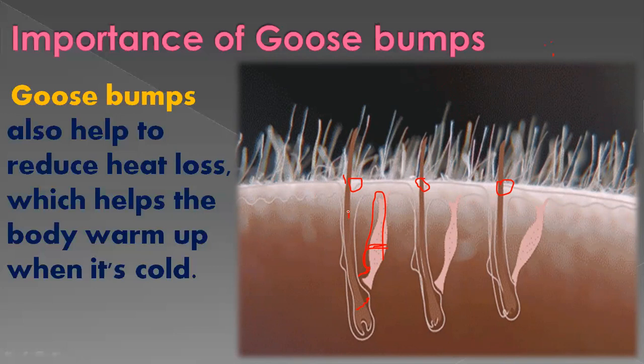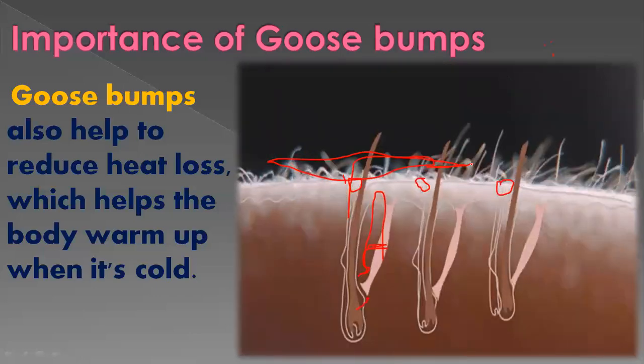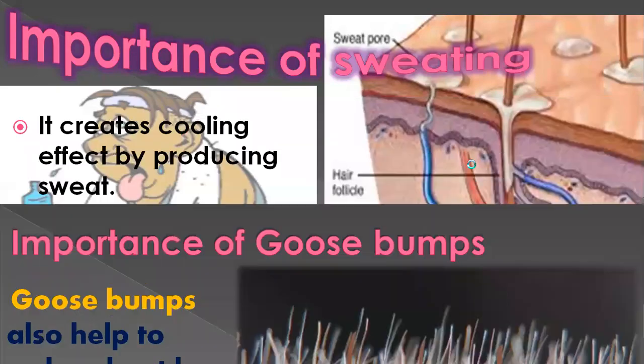And you can see from here, this makes a layer like an insulation blanket, which traps warm air inside, and we maintain our body temperature. We don't get cold then. So they're very, very helpful for regulation of the temperature.